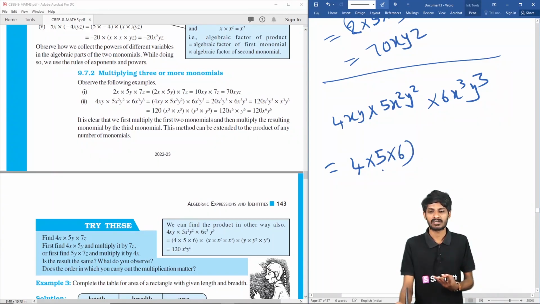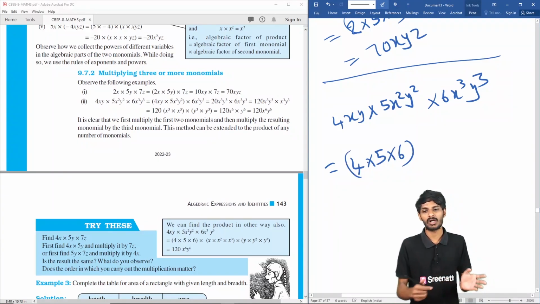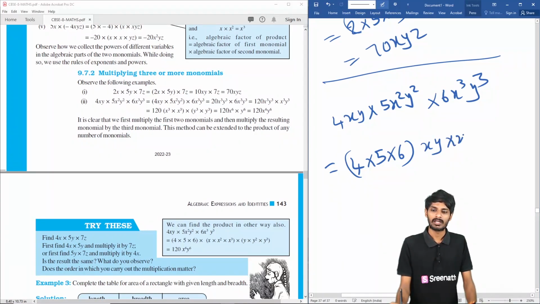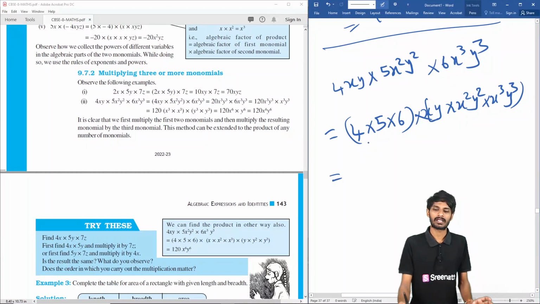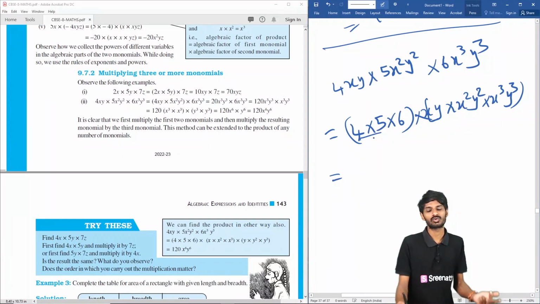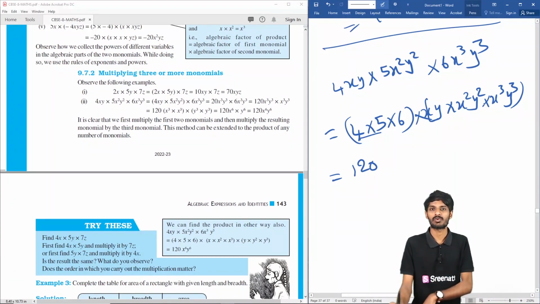These are the numbers, we are making them a group, and now we are writing the variables. Here we are having xy into x square y square into x cube y cube. Okay students, so now do the multiplication. 5 4s are 20, and 20 into 6 is 120. Here we are having x, and we are having x square, and we are having x cube.